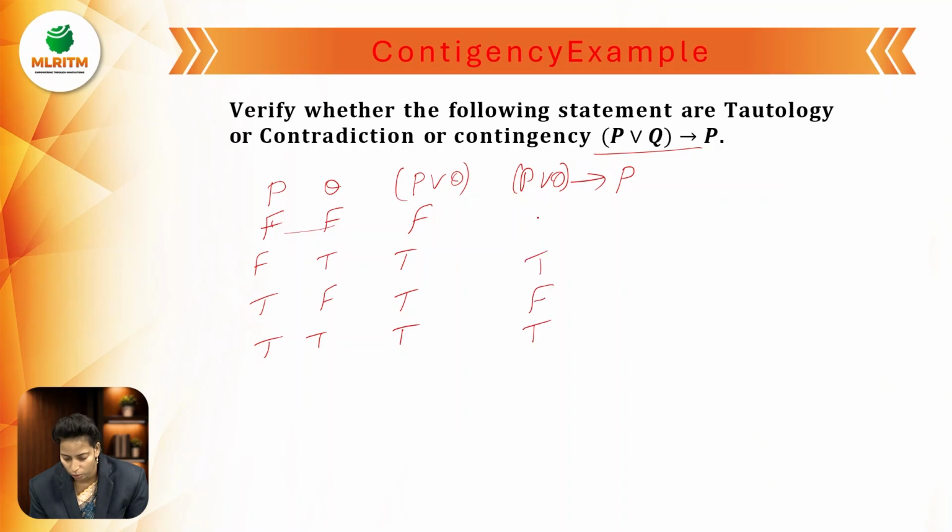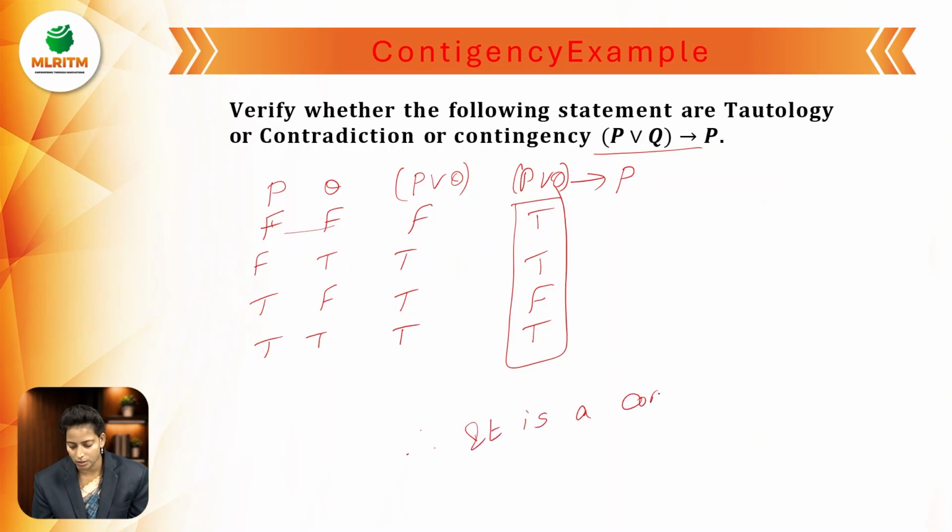Otherwise, all are true only. So observe the last column. Some truth values are true, some are false. That means it is neither a tautology nor a contradiction. Therefore, it is a contingency.